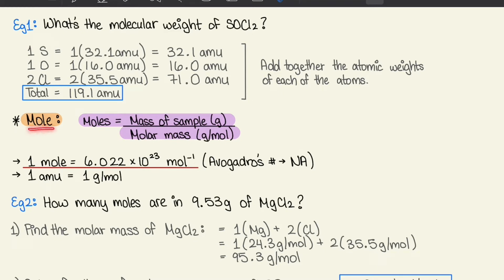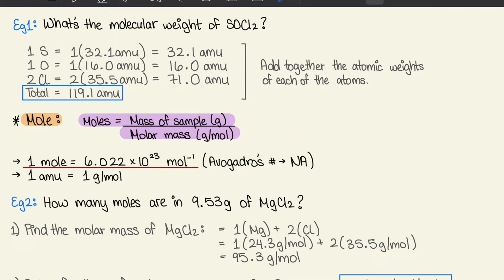Moving on to mole. So this is the equation that the textbook gave, which is moles is equal to mass of sample in grams over molar mass, grams per mole. Or you can write it as n is equal to m over uppercase M for molar mass.